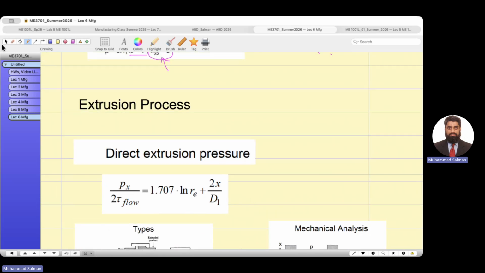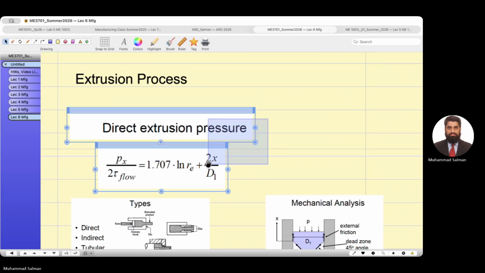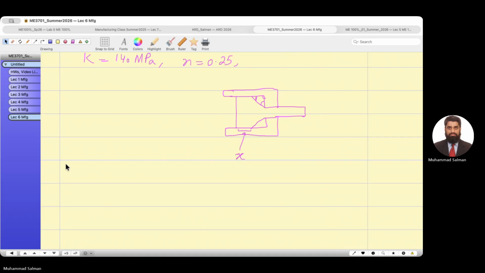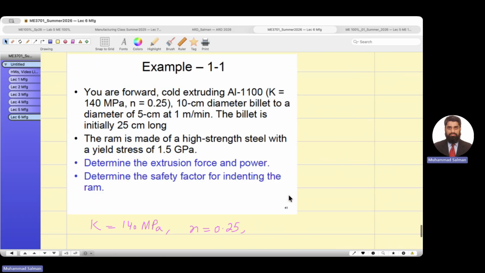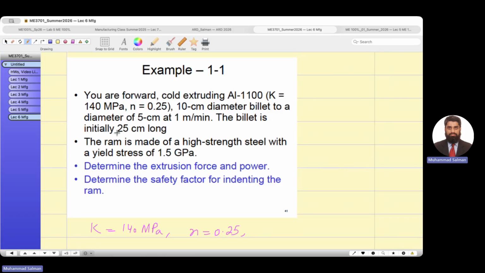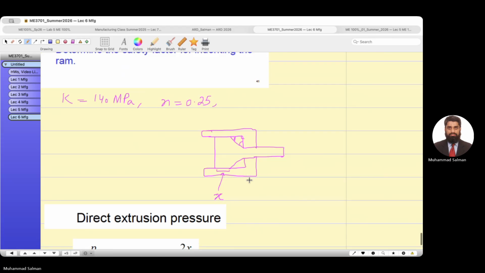Let me show you what I need. What is my X? How can you calculate X? Suppose the billet is 25 centimeters long. Out of 25, how much is this portion?